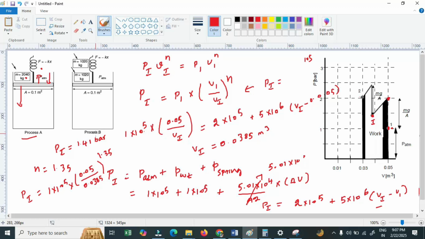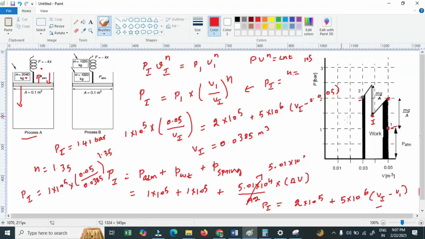Okay, so now I have determined the position here, and I can mark this point. What I've done is apply two equations. I assumed PV^n equal to constant. Then from state 1 and state 2, I determined the n value.